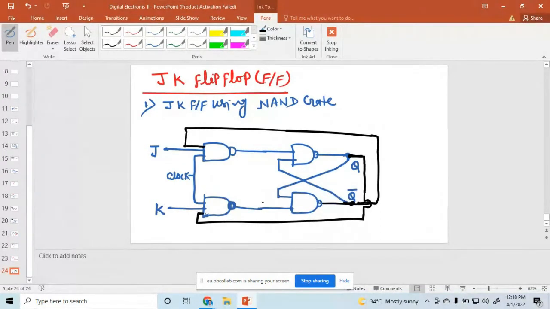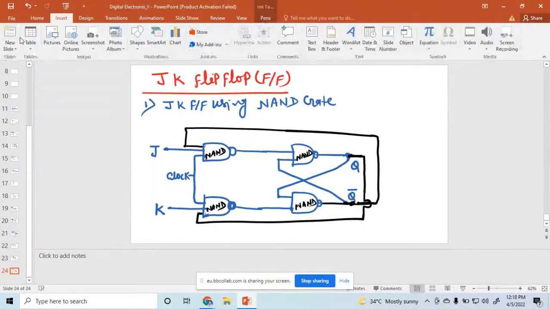So this is a JK flip flop design using a NAND gate. So this one is NAND gate, NAND gate. This one is NAND gate, and this one is NAND gate. So here JK flip flop using a NAND gate.